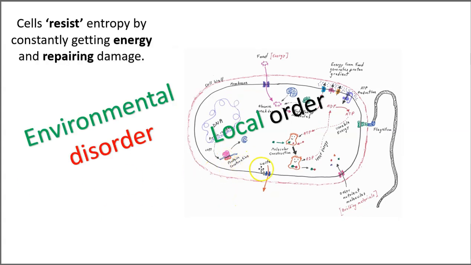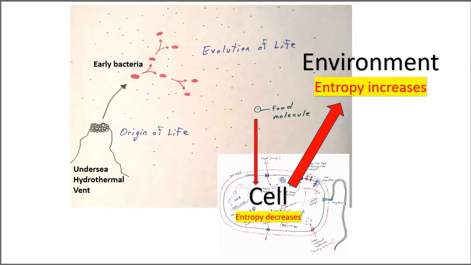This means that cells can create local order even though they are in an environment where disorder is increasing. So if we just look at the cell, it appears like it's violating the laws of thermodynamics, but we have to take a wider gaze. We have to look at the larger environment.